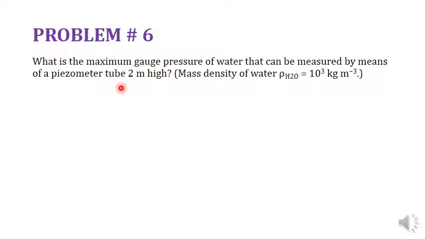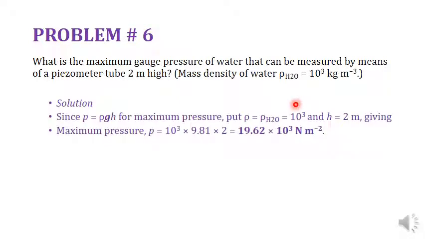Now we are going to solve problem number 6. What is the maximum gauge pressure of water that can be measured by means of a piezometric tube 2 meter high? The mass density of the water is the same, 10 to the power 3 kg per meter cube. Following the same hydrostatic law, your pressure will be equal to rho g h. Here it is the reverse of problem number 5.